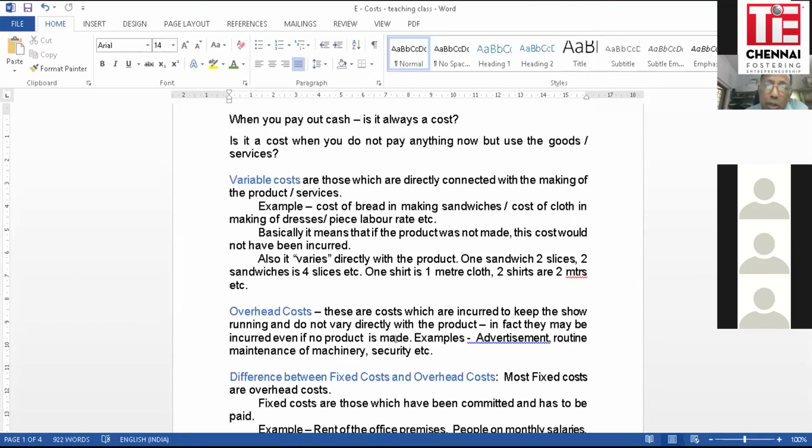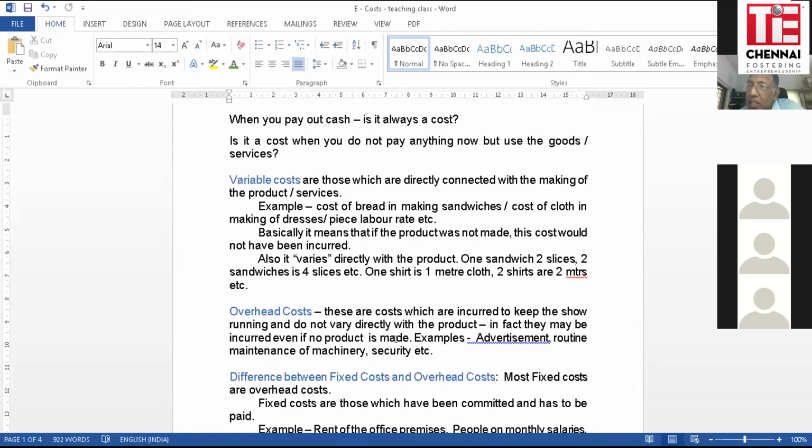The second important thing in a variable cost, and that's what you must understand, is it varies directly with the product. If one sandwich has 2 slices, then 2 will have 4 slices, 3 will have 6. There is a regular pattern. If one shirt is made of 1 meter, there could be small exceptions. But by and large, if you're making a similar kind of size, 42 shirts, 100 of them, then if one shirt requires 1 meter, 2 shirts will require 2 meters, and there is a variable cost.